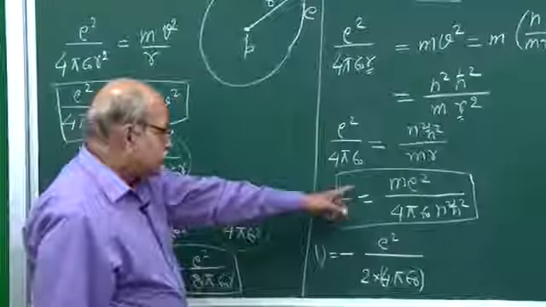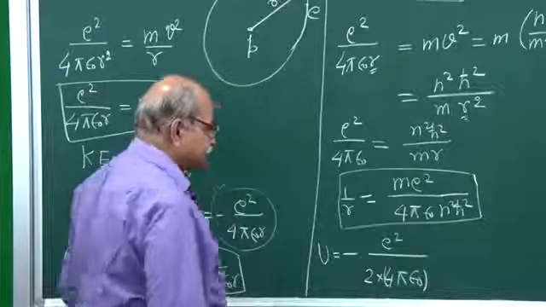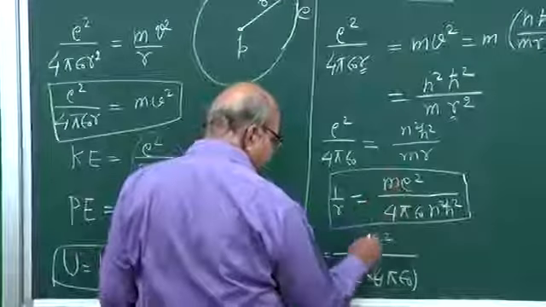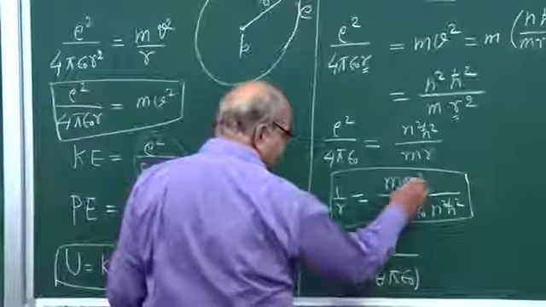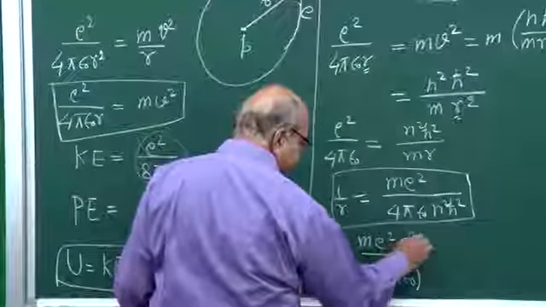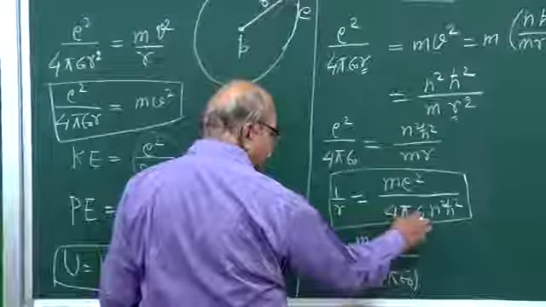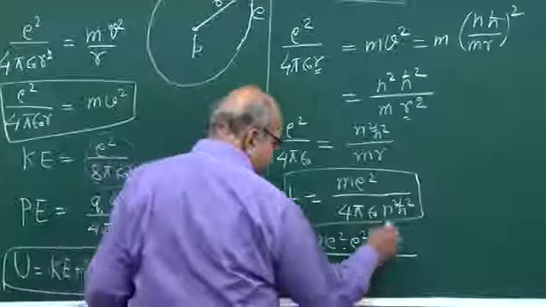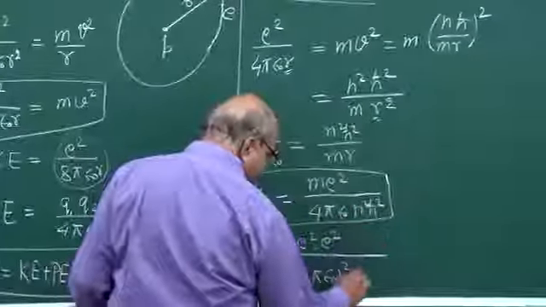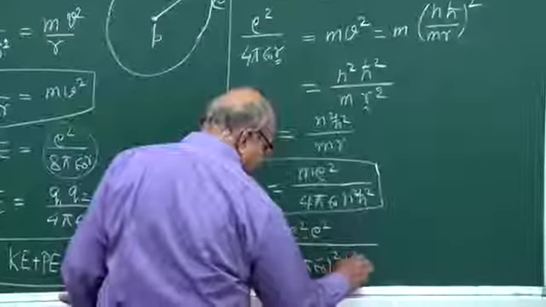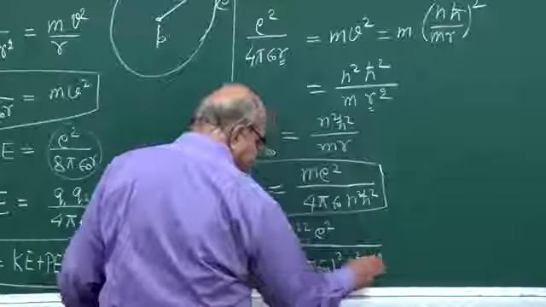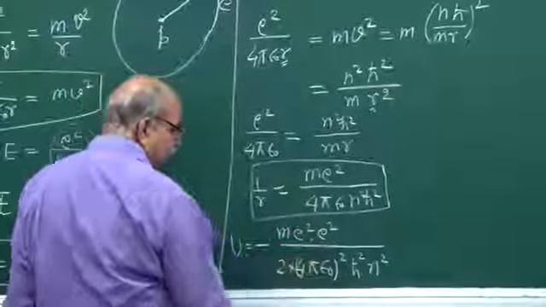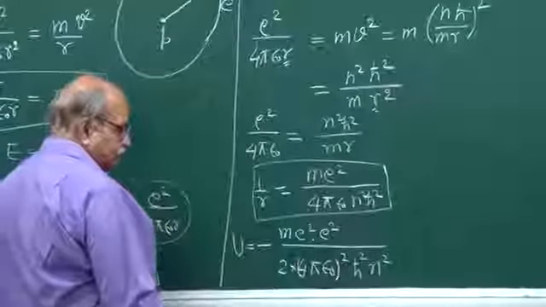So multiply it by m e square, and in the denominator 4 pi epsilon naught, squared, and then n square h cross square. This e square into e square you can write as e to the power 4.